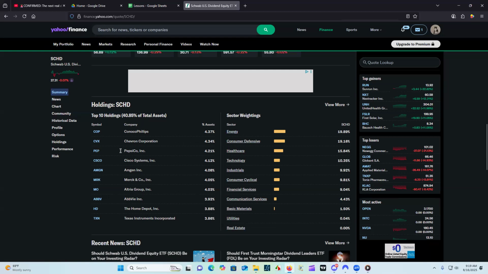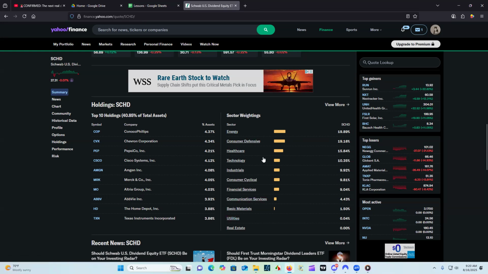And PepsiCo would probably be in the consumer defensive sector. So they categorize the companies into these sectors. I think there are only about 10 or so sectors. Financial would be bank stocks and so on. And technology, maybe Apple is a technology stock. So they're showing you what percentage of the SCHD portfolio is invested in these sectors.